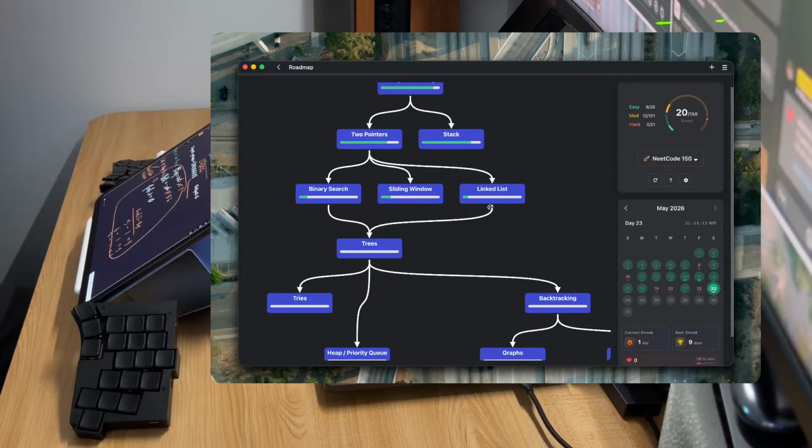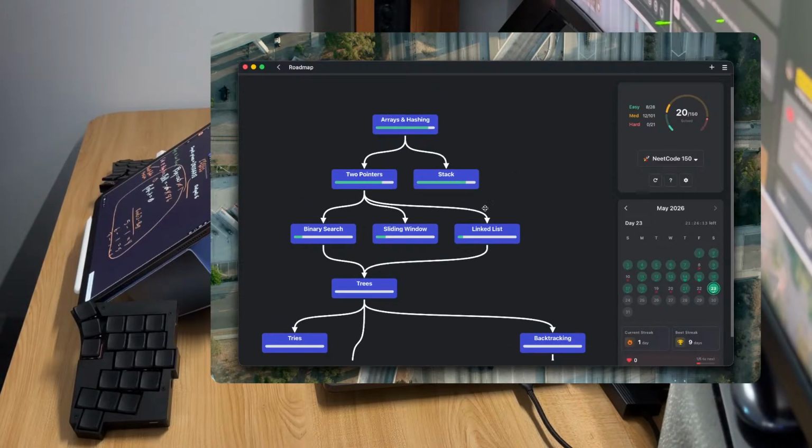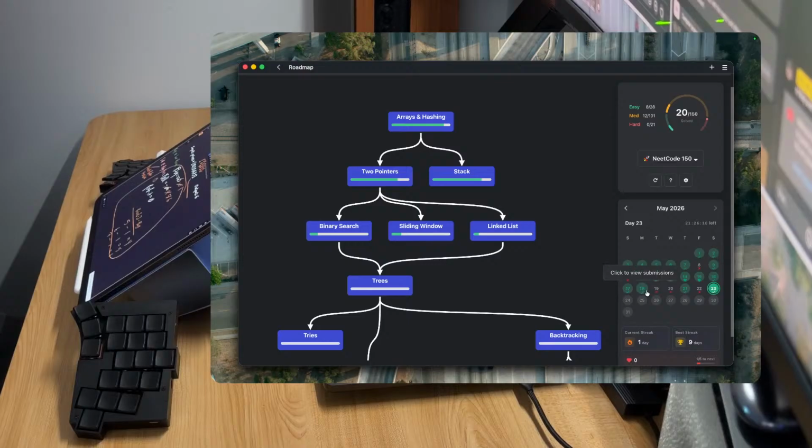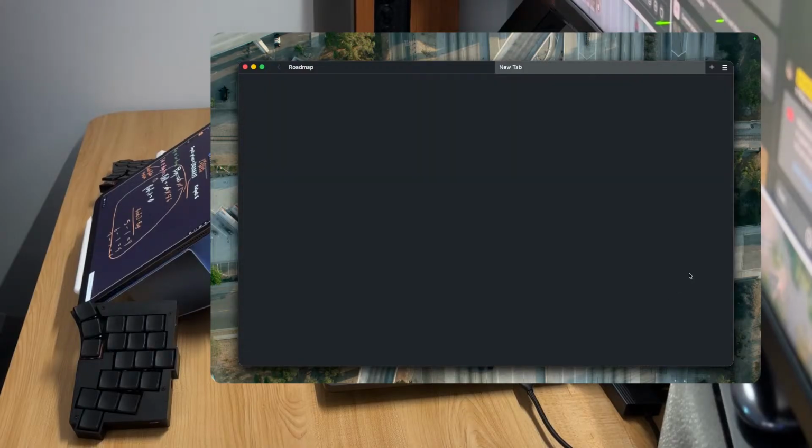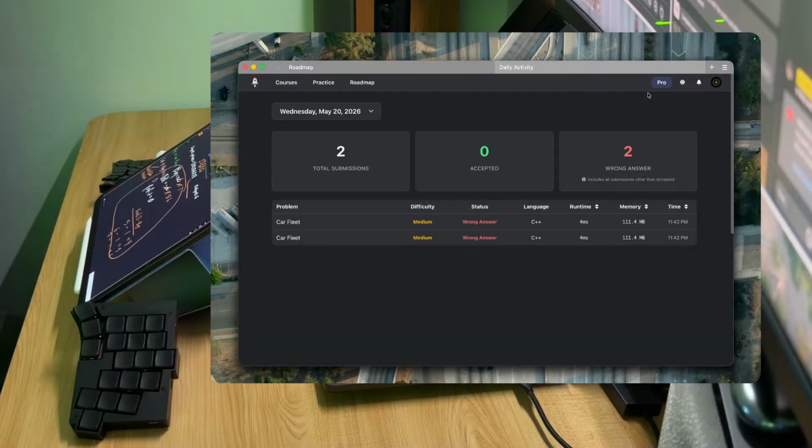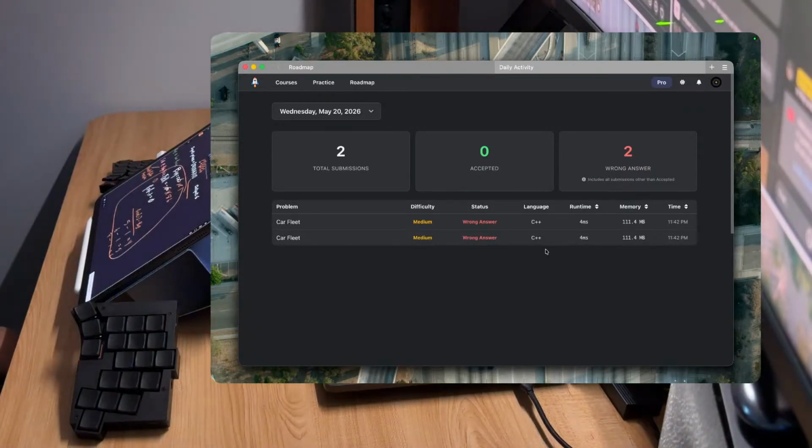I would say I have not been as consistent. Okay, some of these days I actually did them, just not on live. And yeah, I just wasn't feeling it, but I still try to do it, but they don't count as a submission unless you get them right.